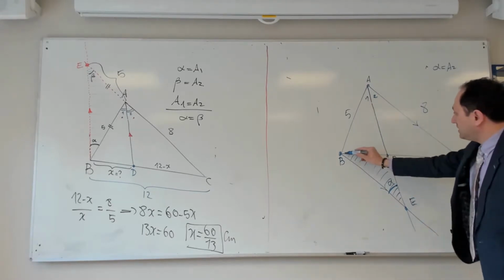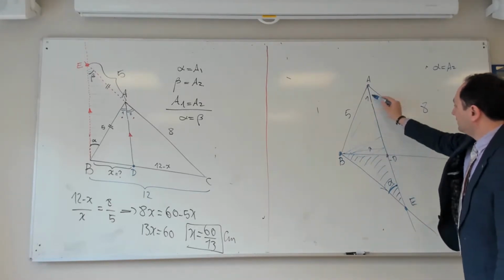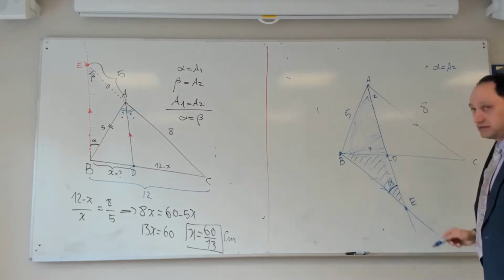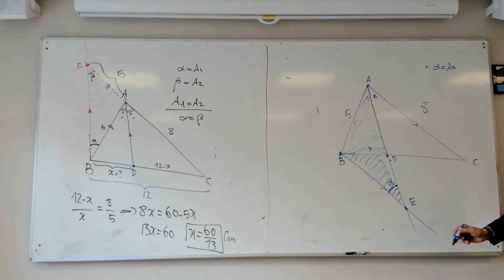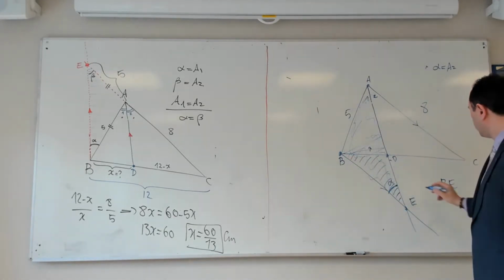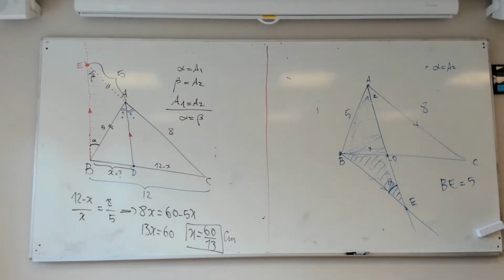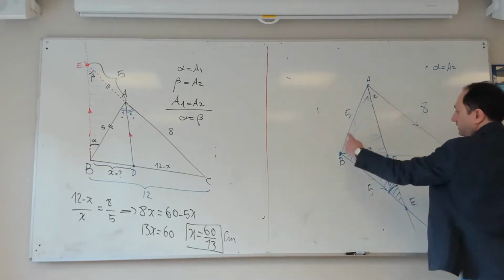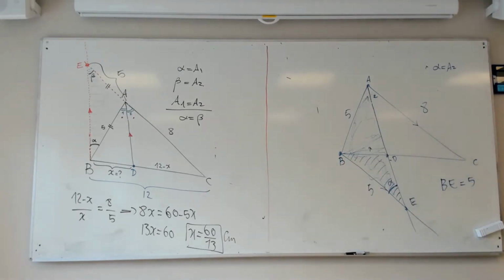So it means that this bigger triangle here, this whole triangle that I am just hatching right now, is isosceles. Yes? So which means that BE is equal to 5. Do you agree? This triangle is an isosceles triangle.